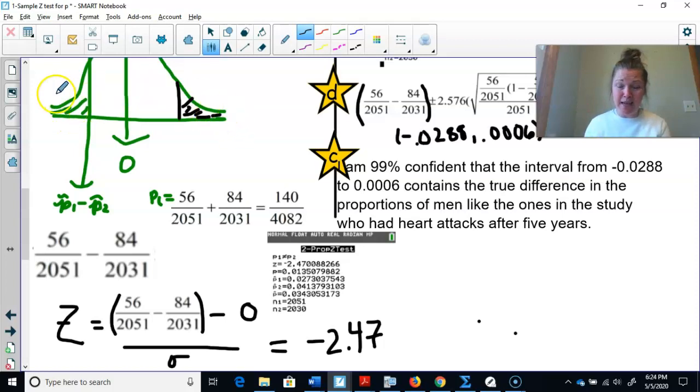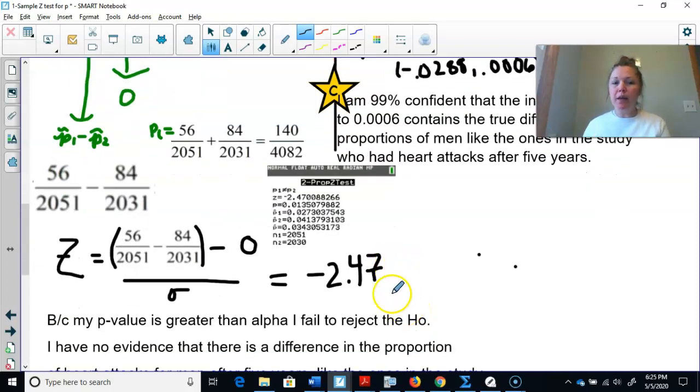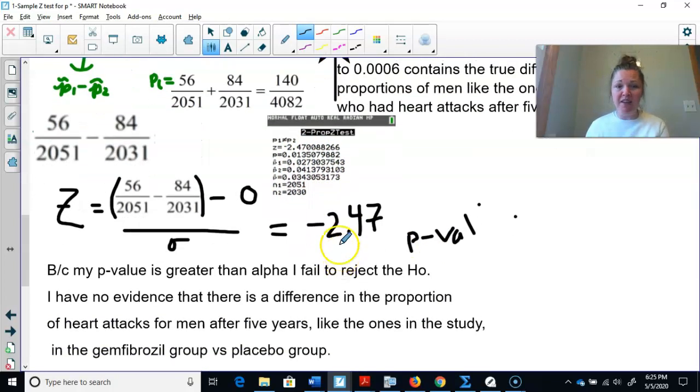It's a two-sided test. And you should get the p-value of 0.0135. Okay, if you don't get that, let me know. So now we also want to write down our p-value. I'm not going to write it down because it looks so messy with just using my cursor, but you would want to write that down. My p-value is 0.0135.